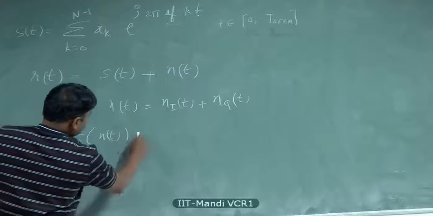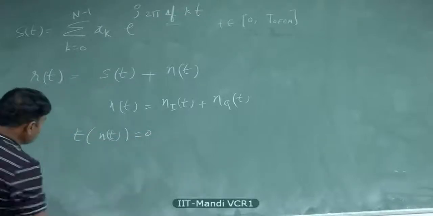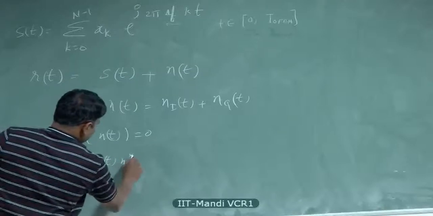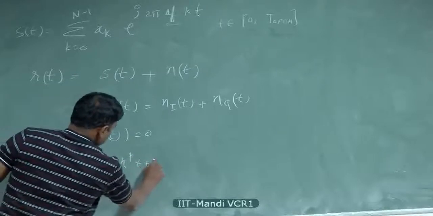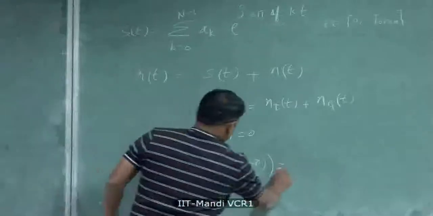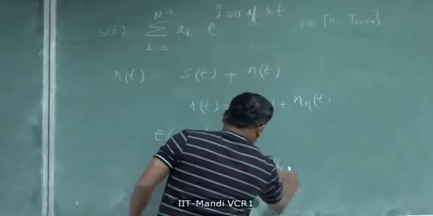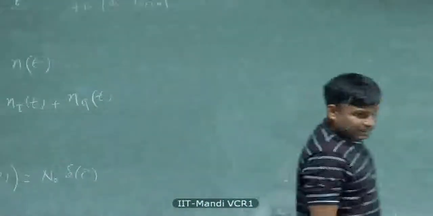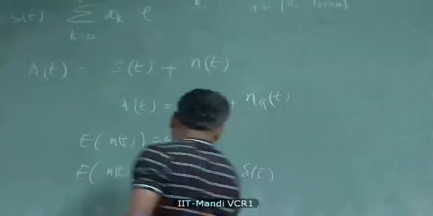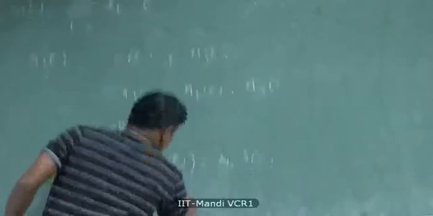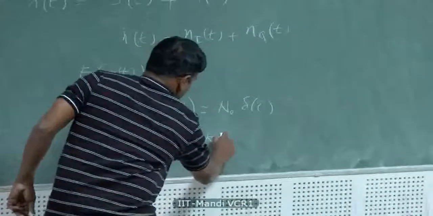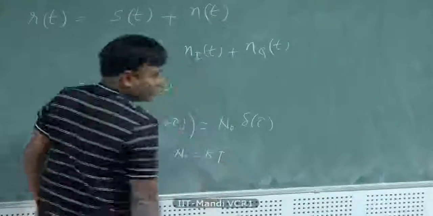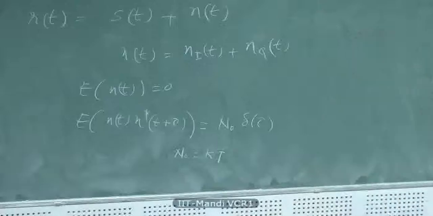So just for the sake of completeness, I'll write it as: expected value of N of t is 0. This is zero mean, and expected value of N of t multiplied by N conjugate of t plus tau is equal to N naught delta of tau. Is that right? Where N naught is equal to K times T, where K is the Boltzmann constant and T is the temperature in Kelvin.